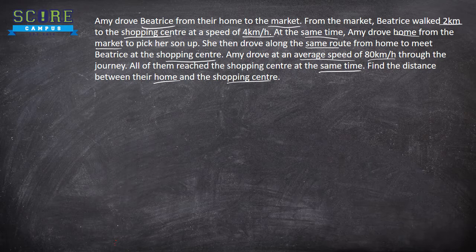Now, before you even get started to try and solve the question, the first thing you really need to do is simplify the question because it is way too complicated. All right. So let's see how we can do that. They started at home, right? And together, Amy plus Beatrice went to the market.